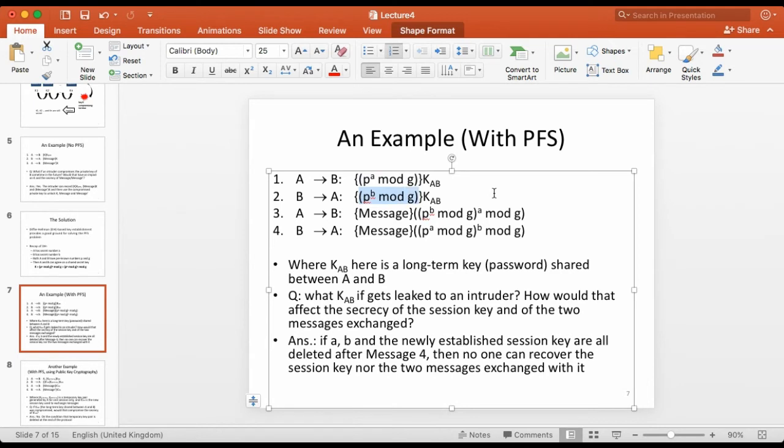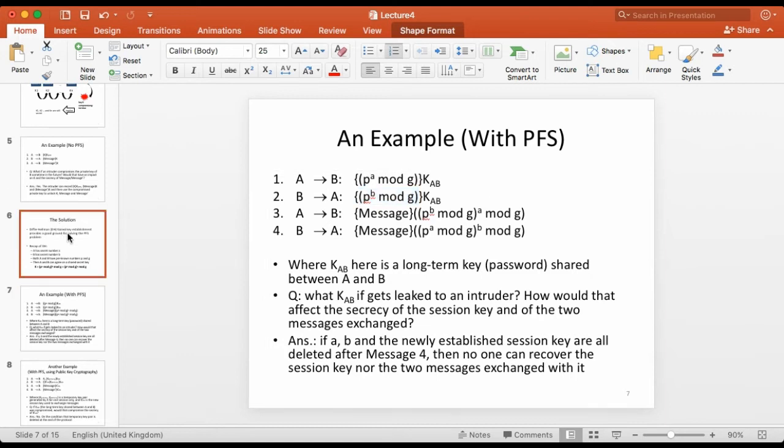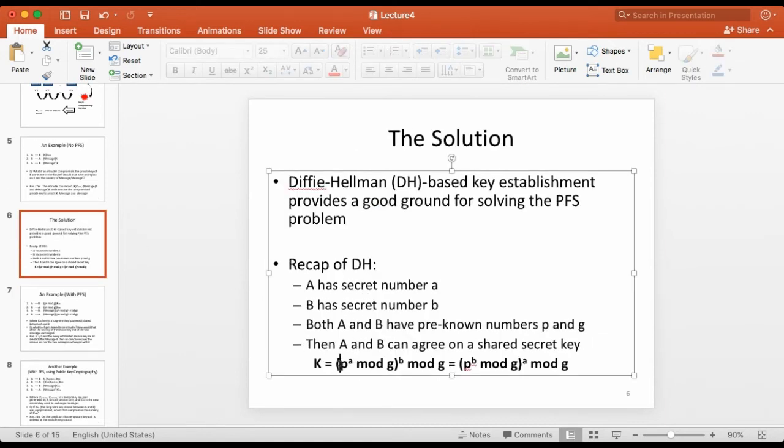However, we know from the Diffie-Hellman property that simply knowing this part only, and knowing this part only, is not sufficient for the attacker to calculate the whole key, because the attacker still needs to have access to small b and small a secret numbers.